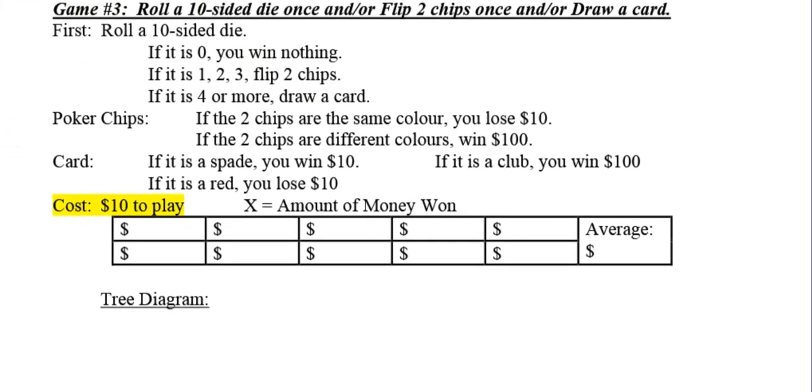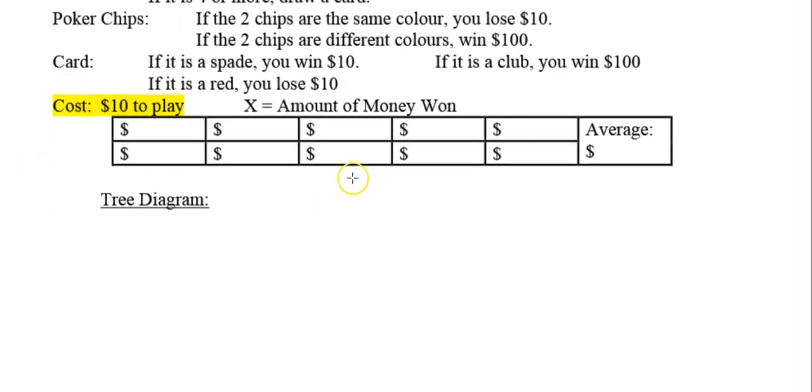All right, so welcome back. The first part is rolling a 10-sided die. And that doesn't mean you have to make 10 branches because there's really only 3 outcomes. Getting a 0, getting a 1, 2, or 3, or getting a 4 or more. So the first set of branches will be 3 branches.